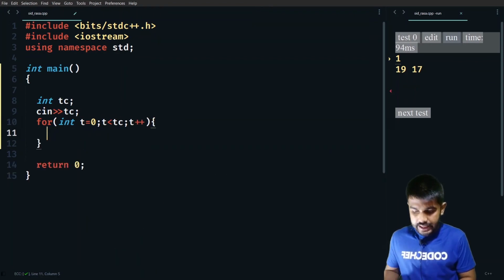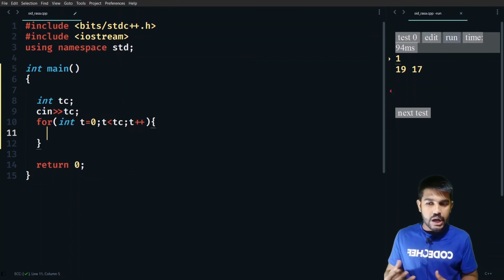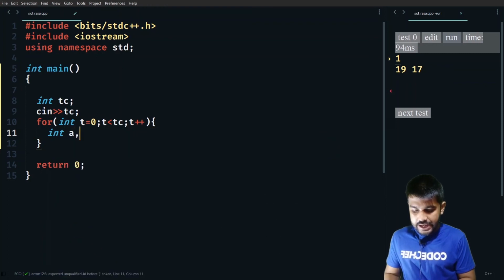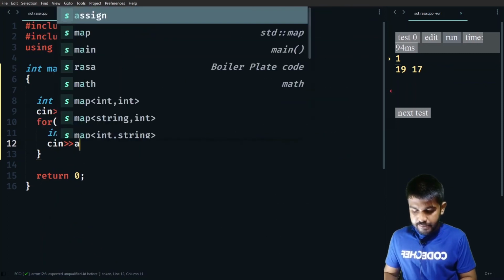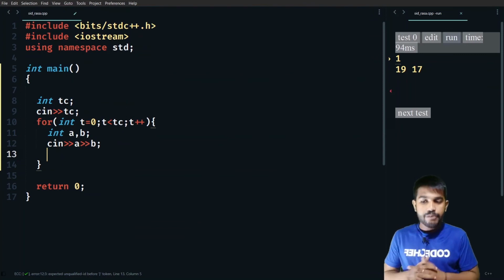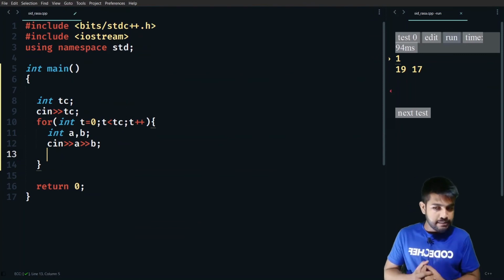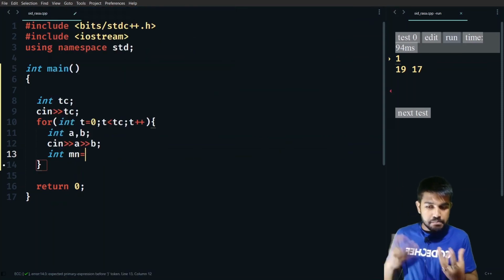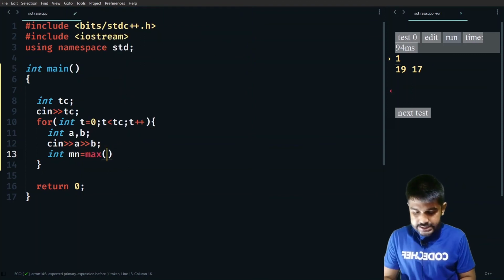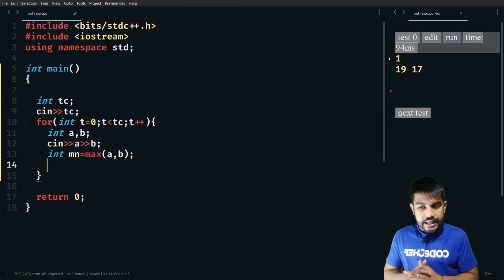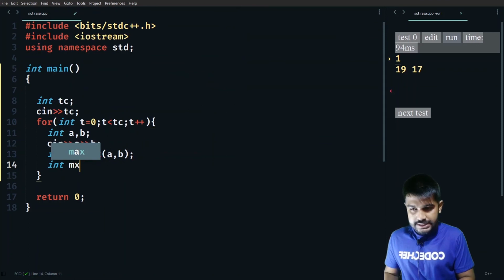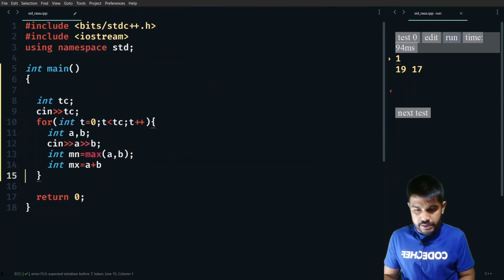Then we would take the counts of guard 1 and guard 2, naming them A and B, and take input of A and B. Then we would first report the minimum, storing it as mn, which is the maximum of A and B. Then we need to report the maximum value, when either one of them is sleeping, so mx is equal to A plus B itself.